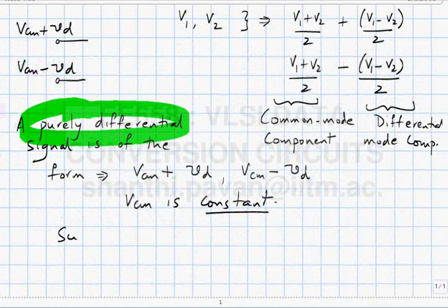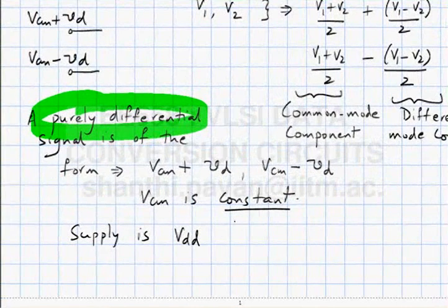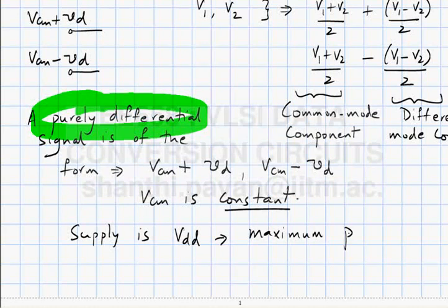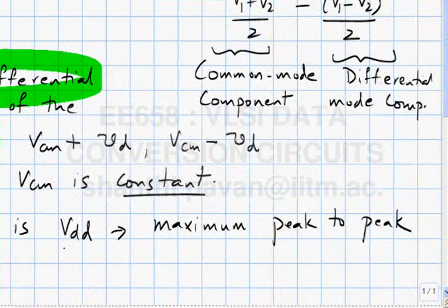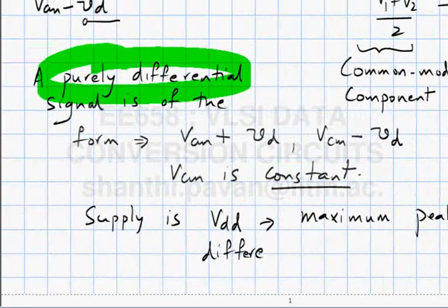If the supply voltage is VDD, what is the maximum peak to peak differential signal amplitude possible?